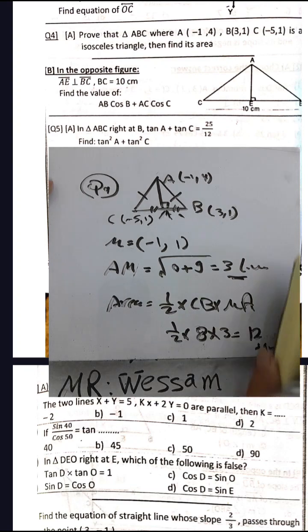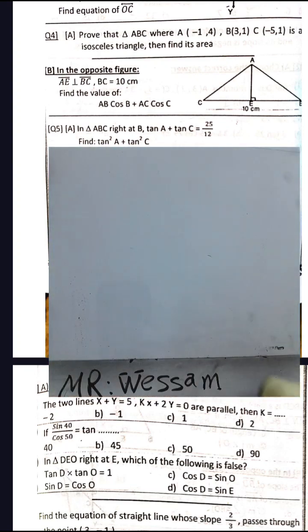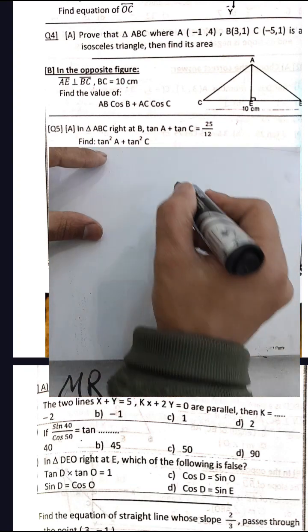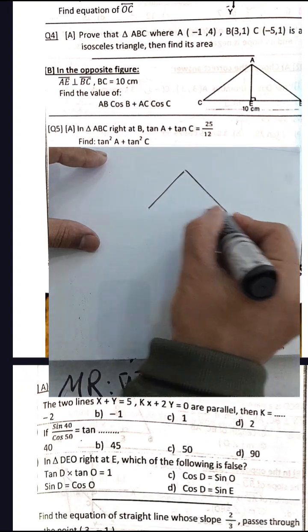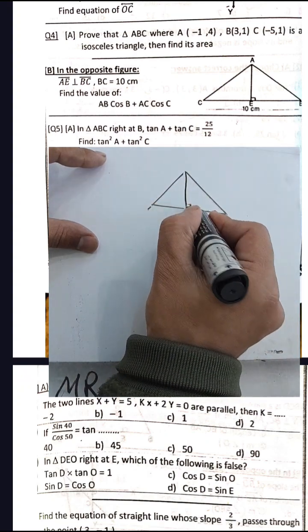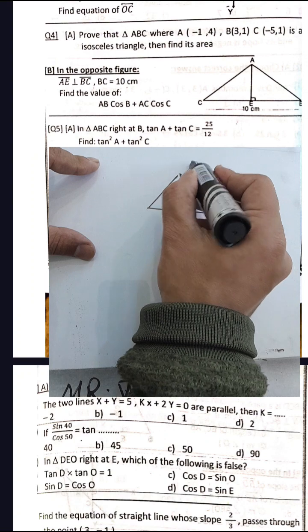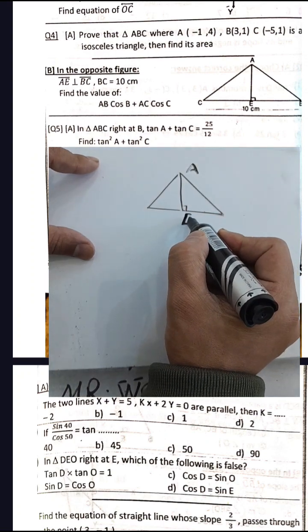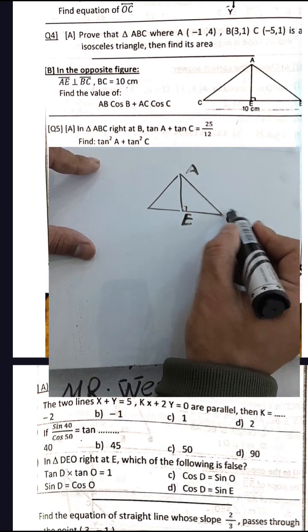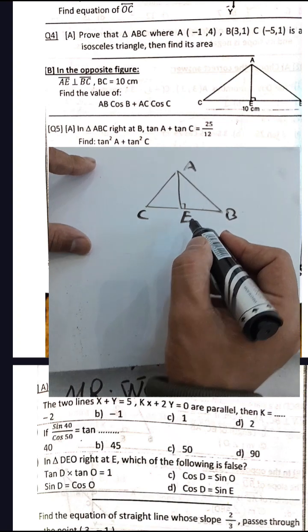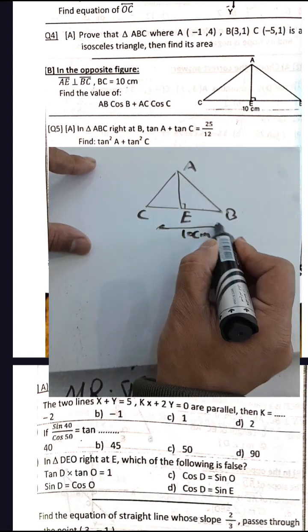Next question, we have a triangle and AE perpendicular to the base. We have here B and C, BC was 10 centimeters.